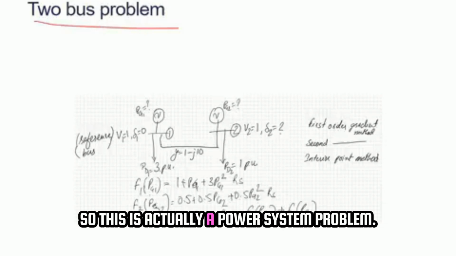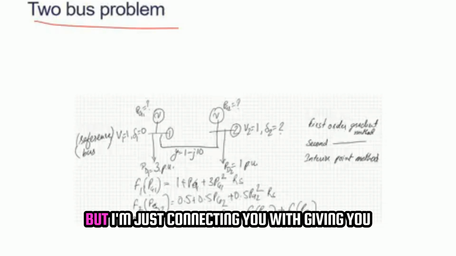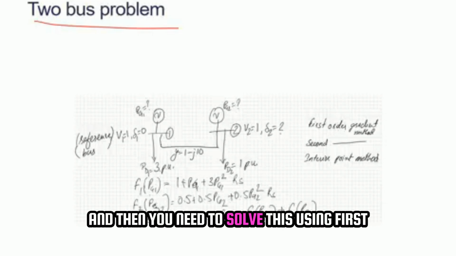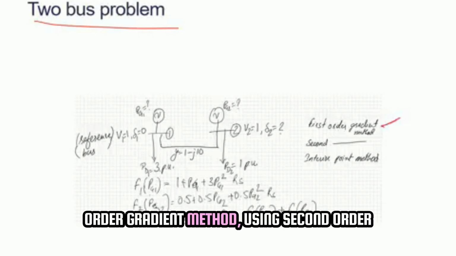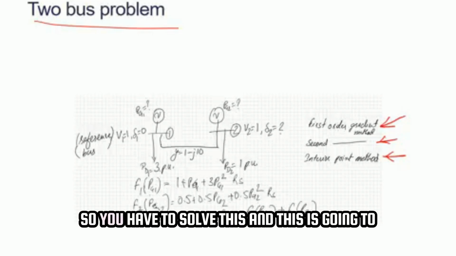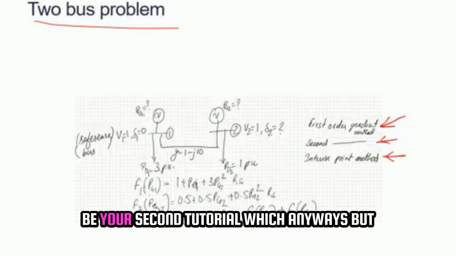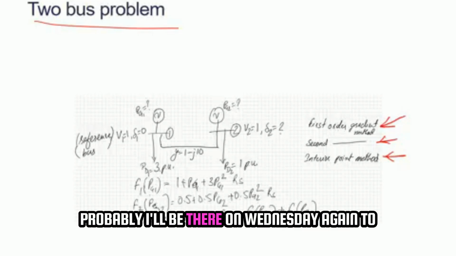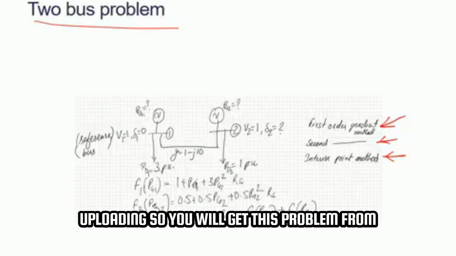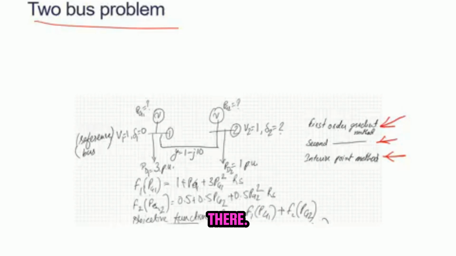This is actually a power system problem, but I'm just connecting you by giving you some objective function and some constraints, and then you need to solve this using the first order gradient method, the second order gradient method, and the interior point method. So you have to solve this, and this is going to be your second tutorial. Probably I'll be there on Wednesday again, or anyway, this video I'll be uploading, so you will get this problem from there.